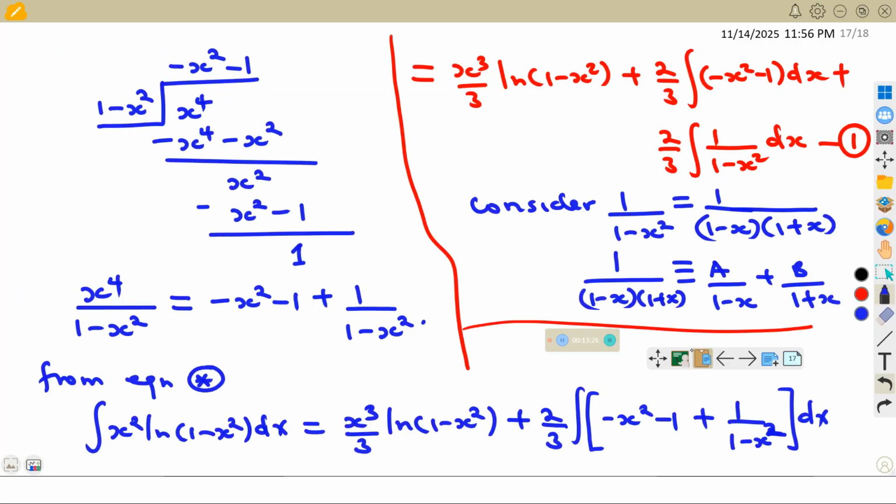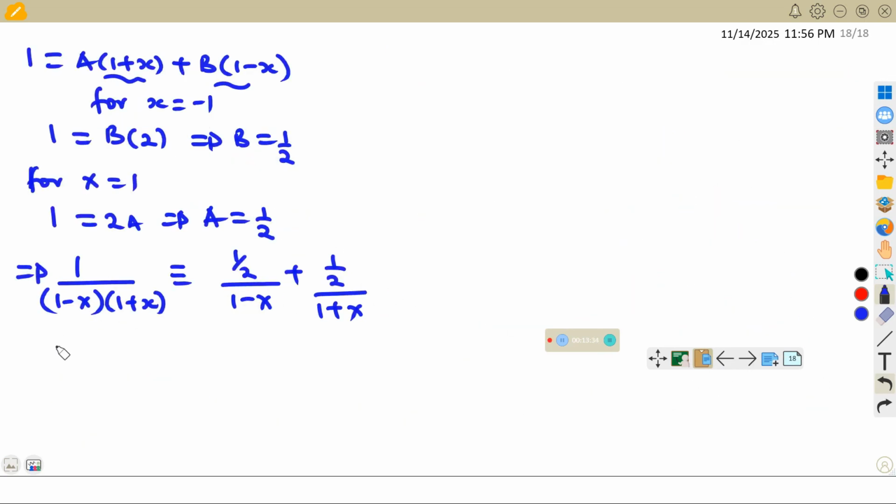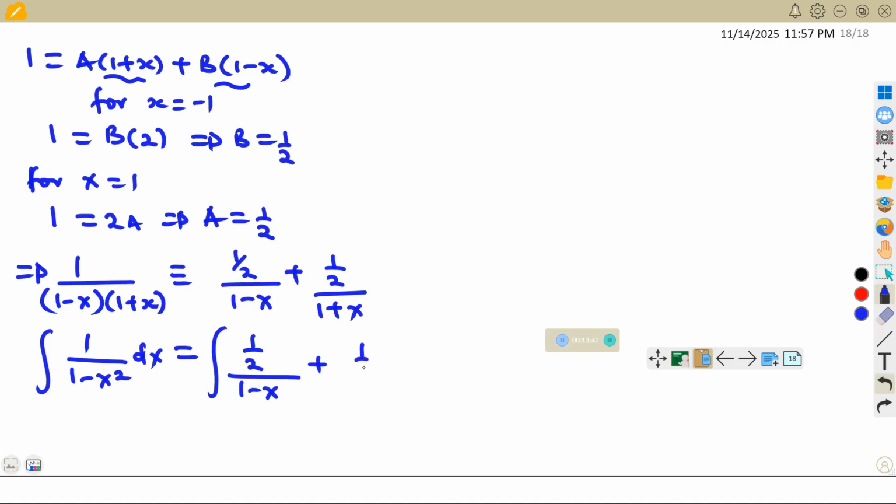So from this point, we can get the integral of this. We can say the integral of 1 upon 1 minus x squared dx is actually the same as integrating a half over 1 minus x, then plus a half over 1 plus x, the whole of this into dx.